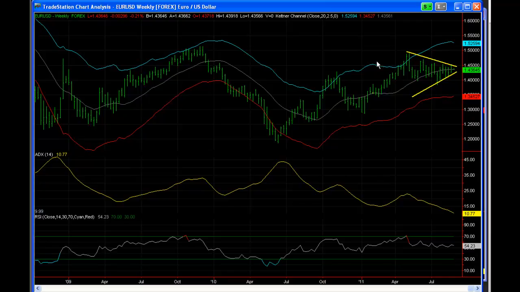So you're going to have to dial down to a smaller time frame in order to quantify your risk and in order to justify participating in this type of move, okay? Because obviously the weekly ranges can be so big here that you may not be able to withstand the risk that you would have to put on if you just use the weekly chart.